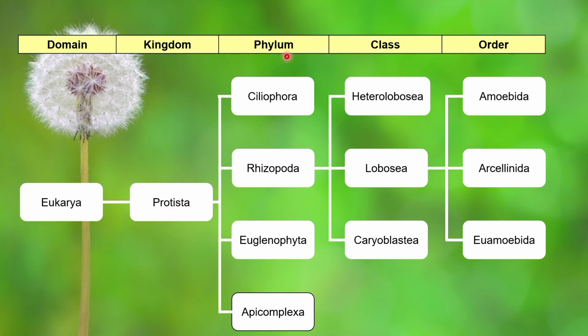There are four phyla of protozoa. Ciliophora does feeding and locomotion by cilia. Second, Rhizopoda, which does feeding and locomotion by pseudopodia. The third phylum is Euglenophyta, which uses one or more flagella for locomotion. And the last one is Apicomplexa, which does not have cilia and flagella.